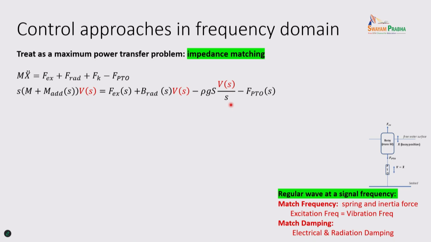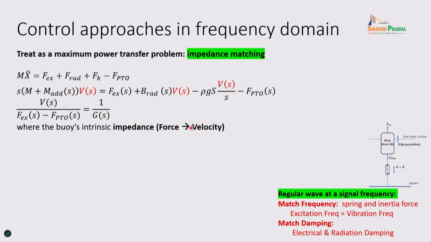Velocity impedance is defined as force divided by velocity. Now you take 1 over impedance; this is usually called admittance. So velocity divided by the excitation force and PTO force is 1 over G(s), where G(s) is force divided by velocity. We call this the admittance. So what does G(s) look like?